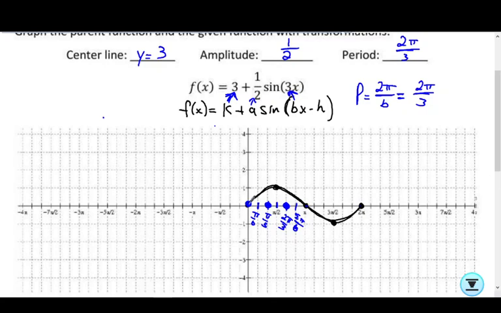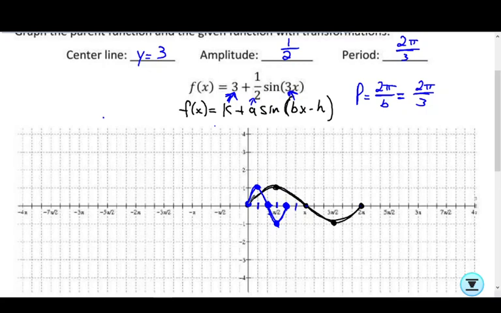So if it begins at 0 and ends at 2 pi over 3, right in the middle, that's where the other 0 is. Between our first two, that's where our maximum is. And the middle of the second two, that's where our minimum is. I'll get rid of these values so that you can actually see the points. So here is our horizontally compressed sine wave.